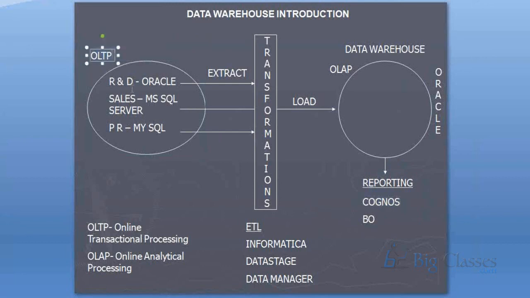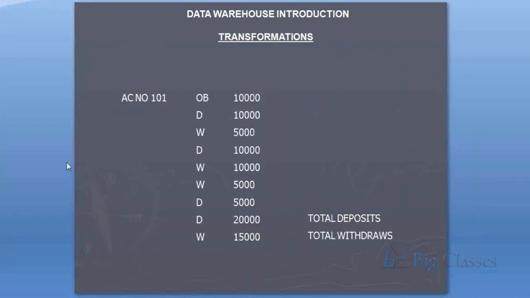Okay, before going into Cognos, here I want to explain something. This source system follows OLTP, and the target system follows OLAP: online transactional processing and online analytical processing. OLTP is transactional processing. The name itself says it: all the transactions, whatever you do. For example, if you go to a bank, if you deposit something, withdraw something, if you do ATM transactions, POS transactions, online transactions, everything will be recorded here in this OLTP system.